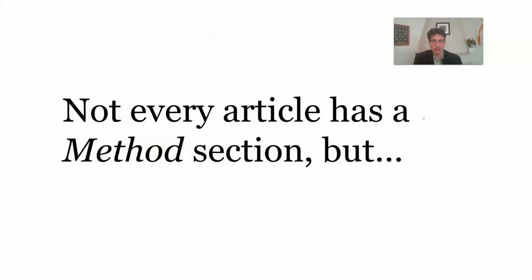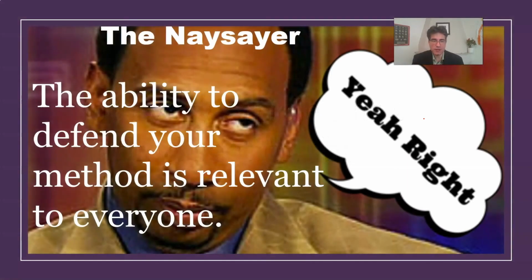Now, a kind of disclaimer here that I'm focusing on the methods section, but not every article has a method section. There are many articles that don't have a specific method section, but the ability to defend your method is relevant to everyone.